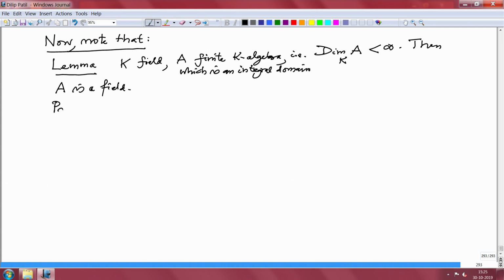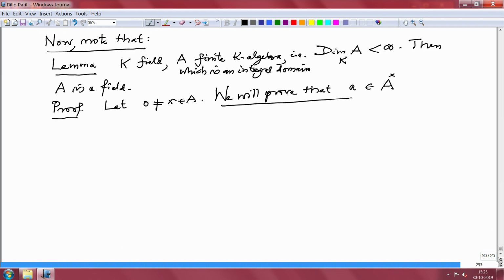Proof. I will prove that every non-zero element x in A is invertible, that is, a unit in A. This is what we want to show. Then it will become a field. This is very simple.